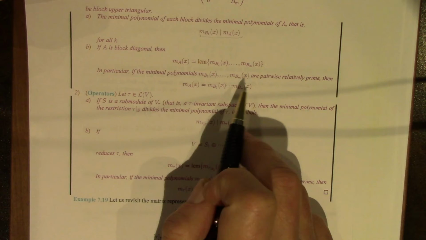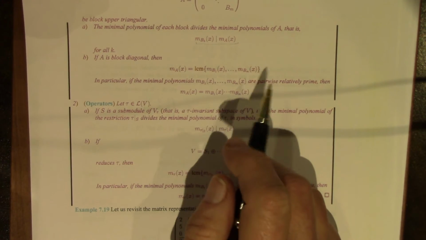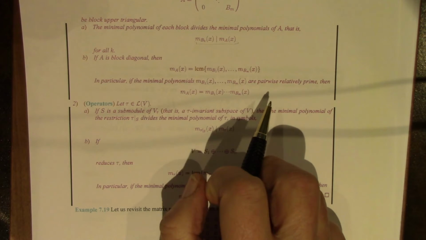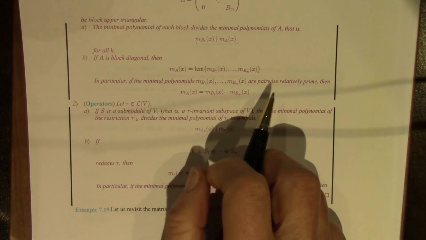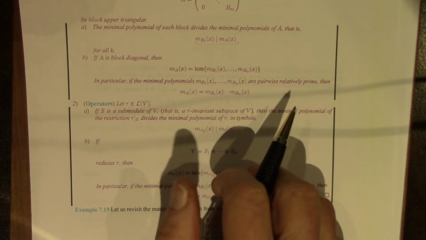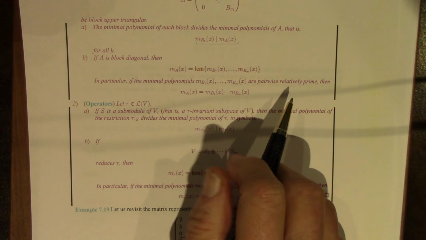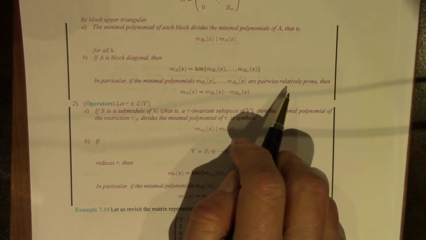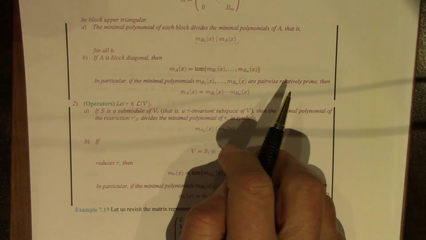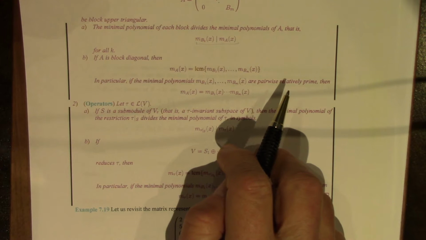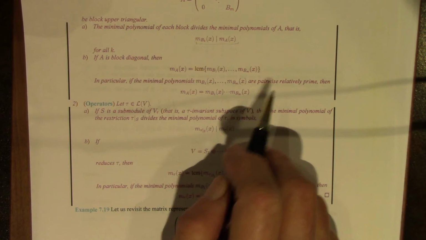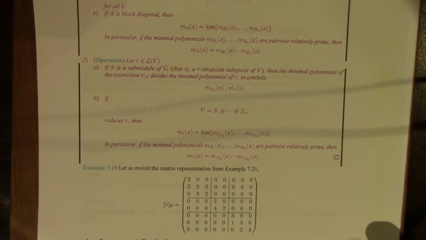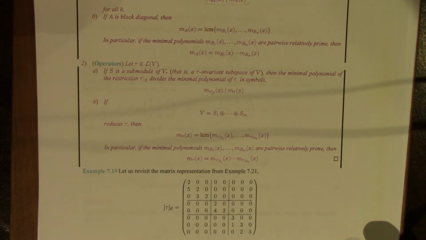This will come up because what we will do in the future, and this is key to getting at the structure of a linear operator, is to take the minimal polynomial and factor it into prime powers, prime power factorization, just as you could do with an integer. And the distinct prime powers are pairwise relatively prime.